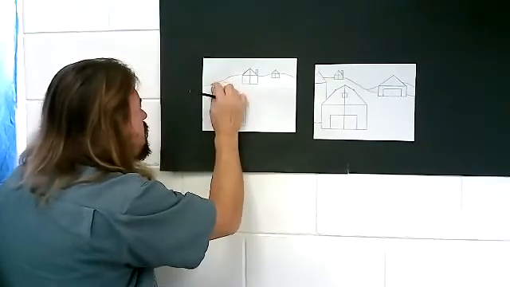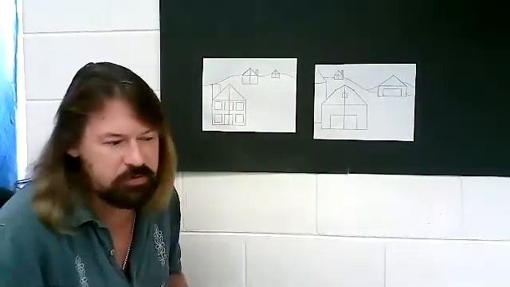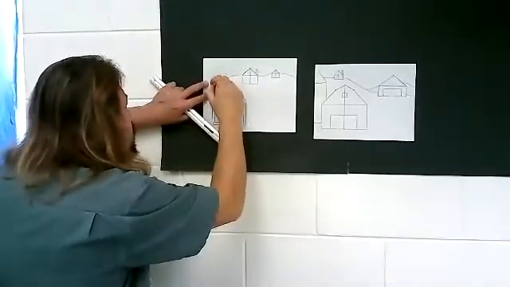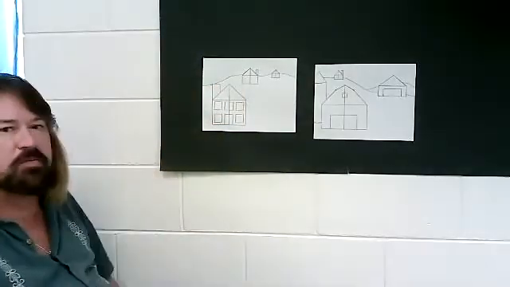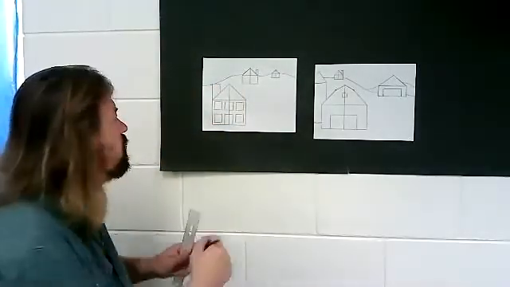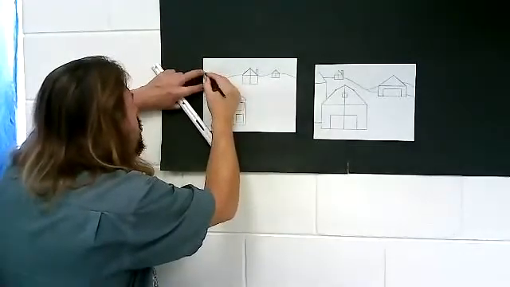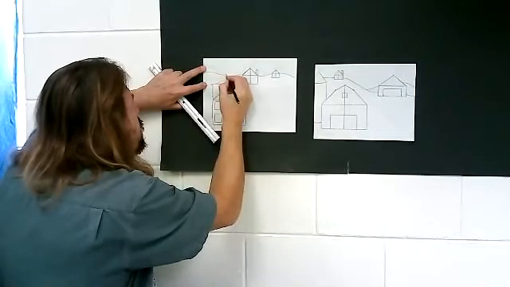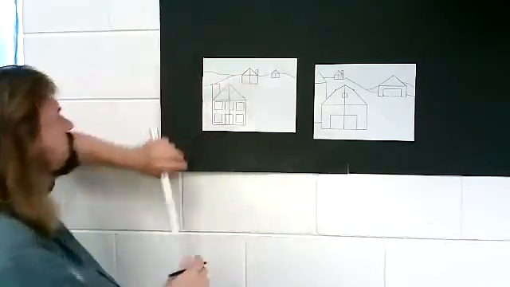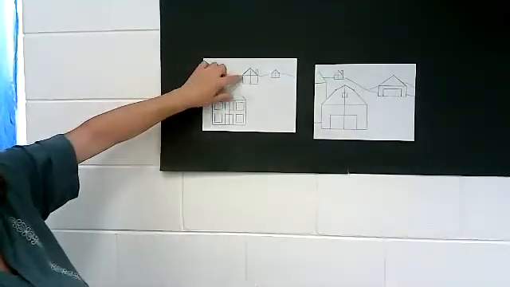Part of the chimney actually blocked it out there, but I ran through the chimney by accident, and that's why I'm glad I have an eraser handy. No problem. What I also did here was made another hill going behind here a little bit. And once again, you see I have my horizon line now.